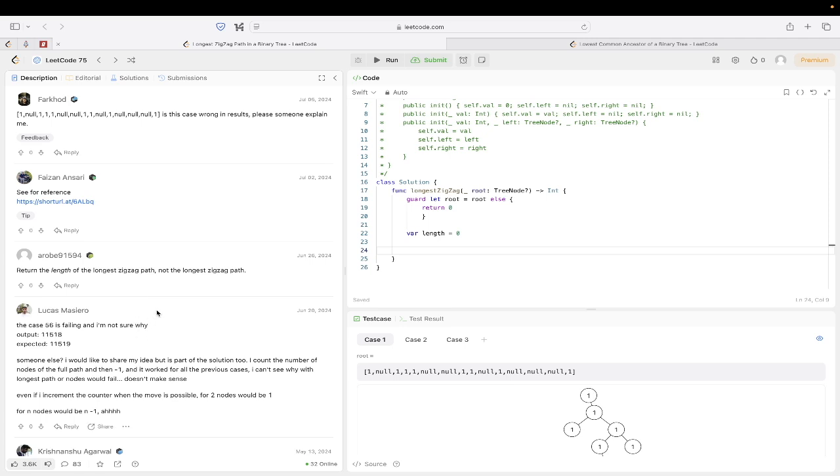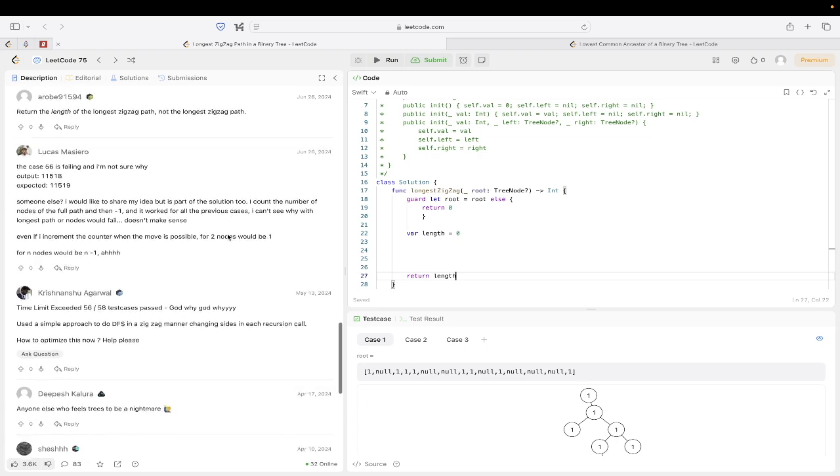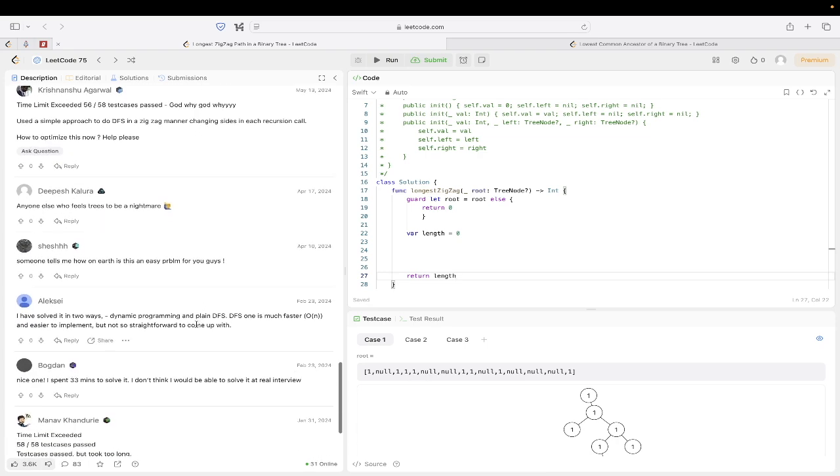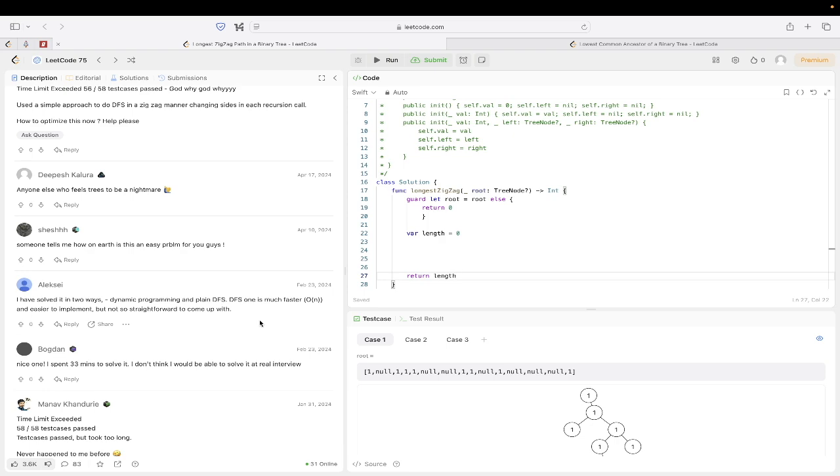Return the length of the longest zigzag path, not the longest. Okay. DFS is much, but not straightforward. Nice one.